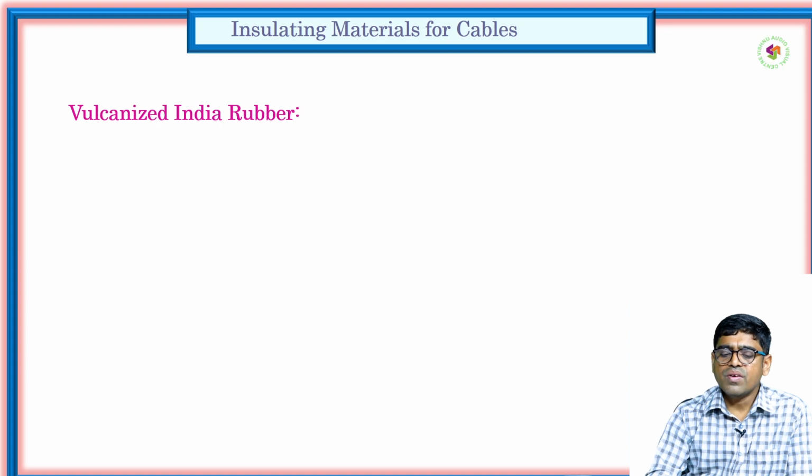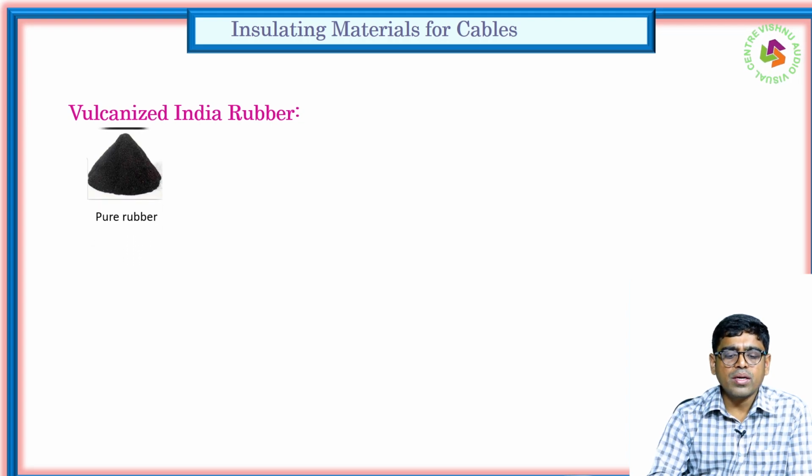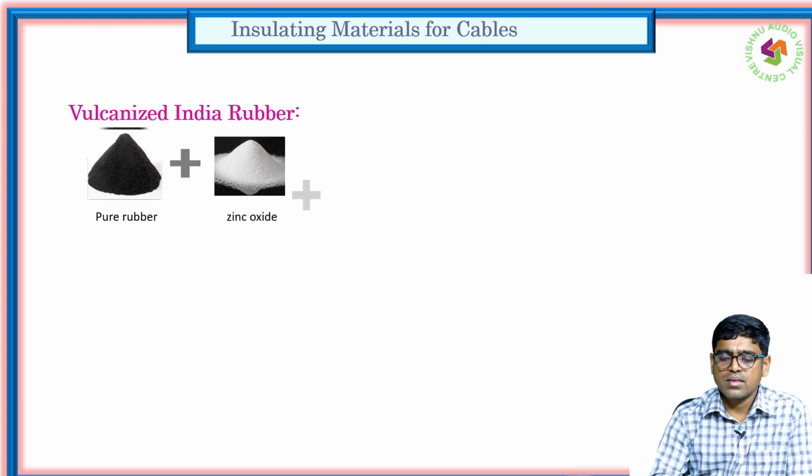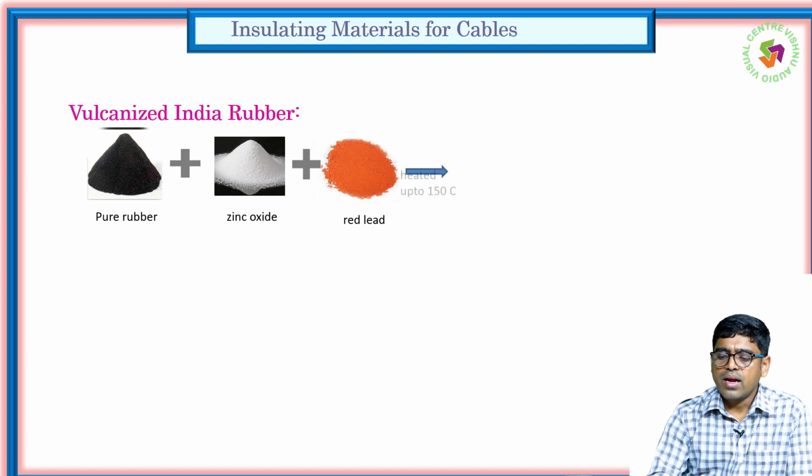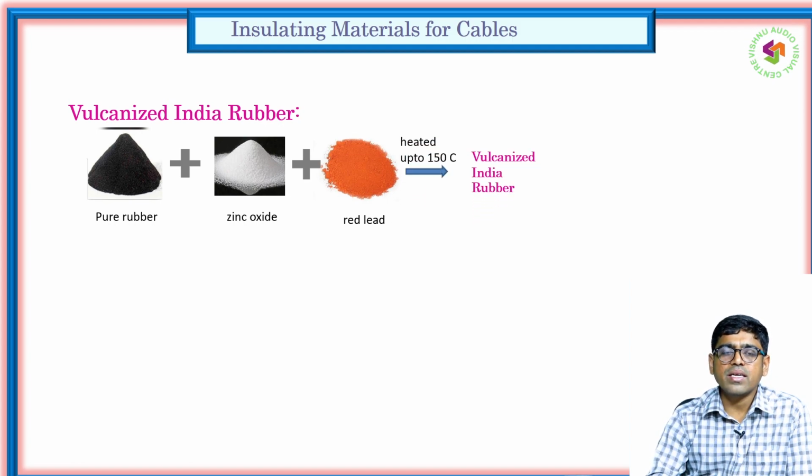Another type of insulating material for cable is vulcanized rubber. It may be pure rubber, with zinc oxide, then added with red lead, and heated up to 150 degrees centigrade. Then the vulcanized Indian rubber can be made.